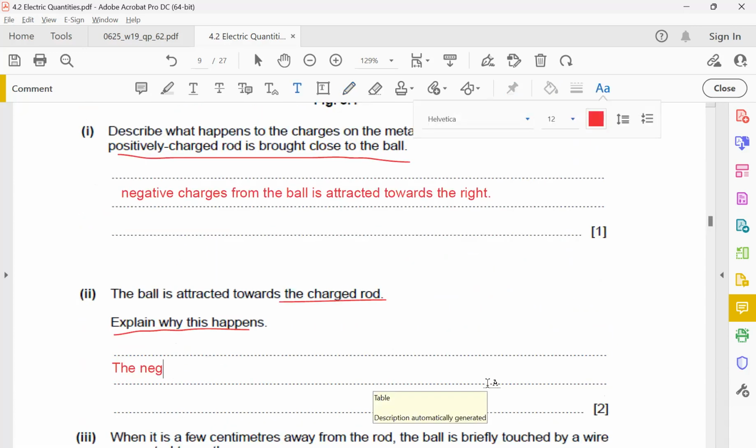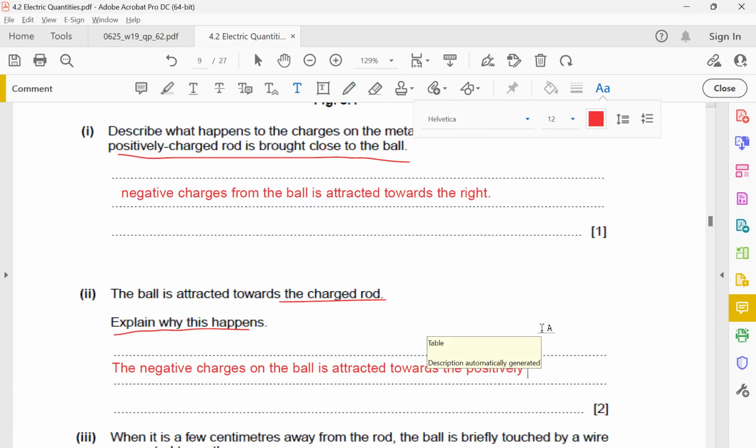The negative charges on the ball towards positive. Is this in positive? Positively charged.